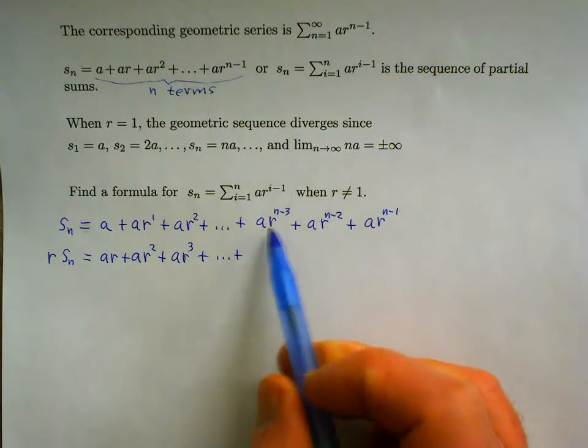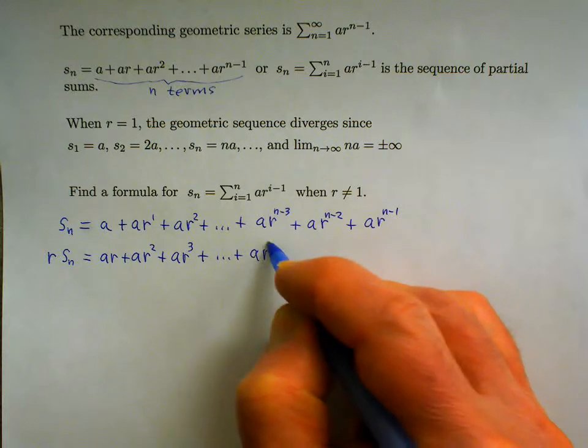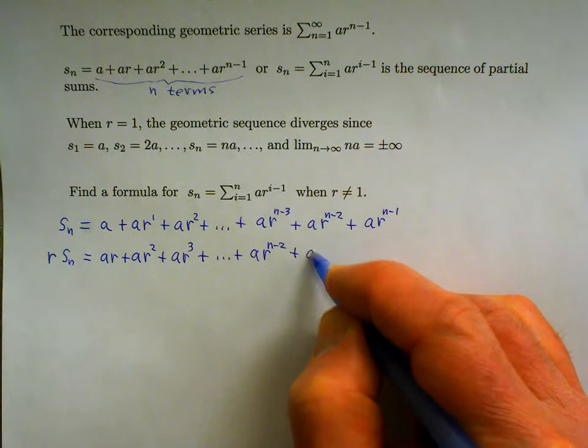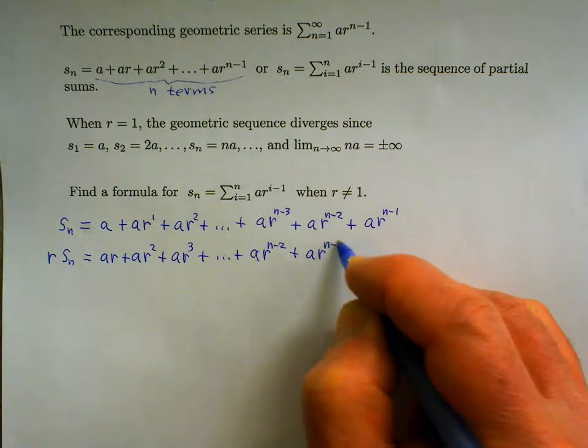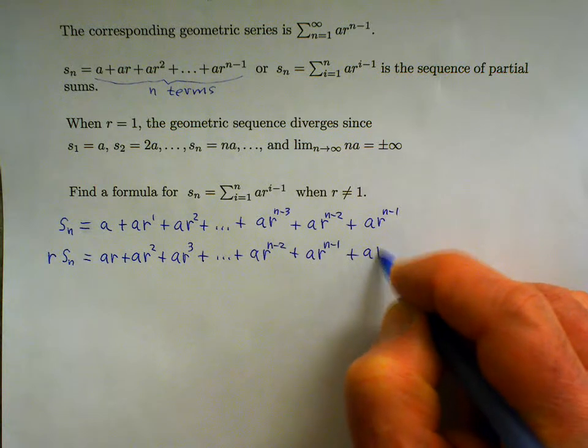When I multiply the last three terms by r, I get a times r to the n minus 2 plus a times r to the n minus 1 plus a times r to the n.